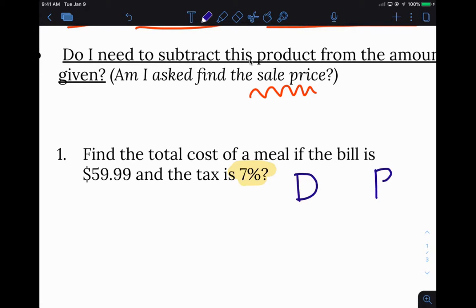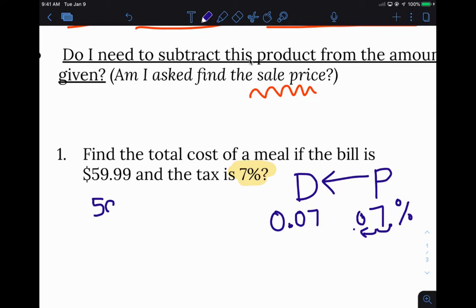So this is a percent. In order to make it a decimal, I move the decimal point twice in that direction. So the decimal form of 7% is 0.07. Then we need to multiply this number by 59.99.